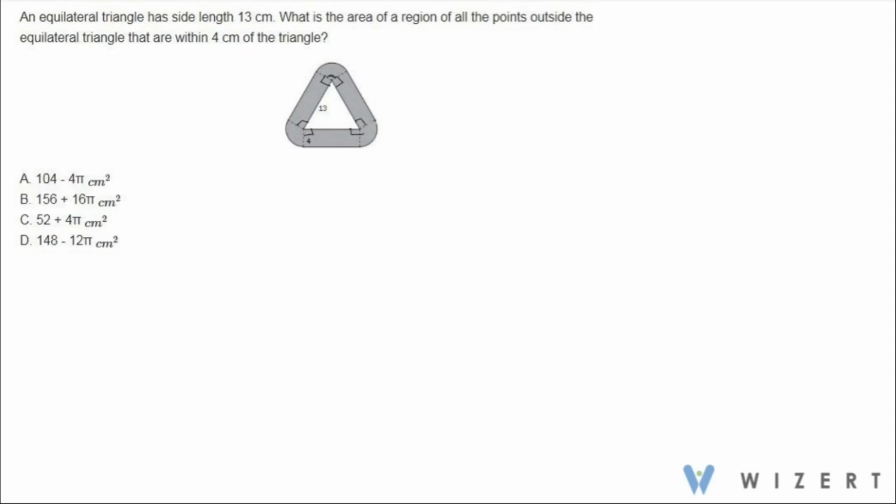Let's see how. We know at a point, the sum of all angles is 360 degrees. Therefore, we can say this is 60 degrees, this is 90, 90.